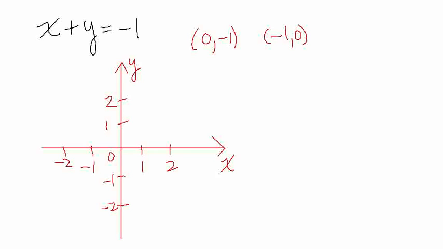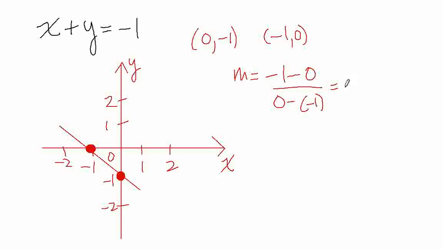So a dot there and a dot there, and the solution looks something like that. And then the slope is -1 minus 0 over 0 minus -1. That gives -1.